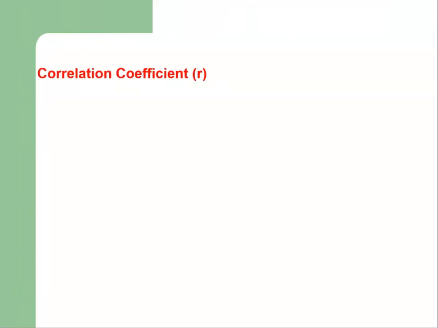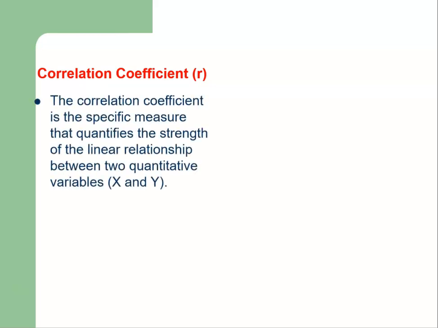So we'll start with the correlation coefficient, and first of all we will define it. The correlation coefficient, denoted by small r, is a measure that quantifies the strength of linear relationship between two quantitative or numeric variables x and y.